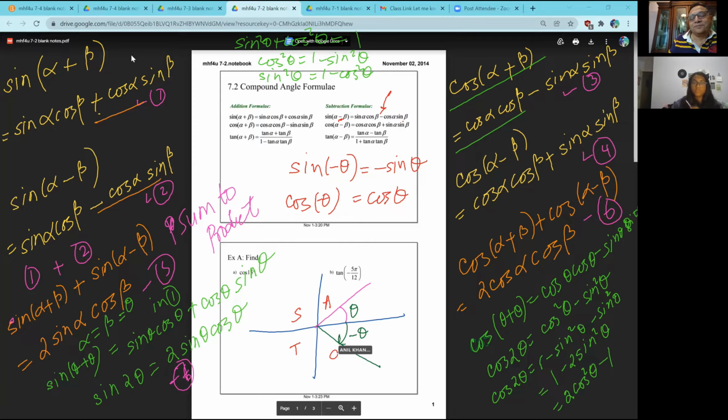Is it okay? So in this quadrant, cos is positive. It makes sense? Cos of minus theta is cos theta. And sine is negative, and therefore sine of minus theta is negative sine theta. Does it correlate everything? Right? So those are the two important things which you should consider while doing this particular chapter.